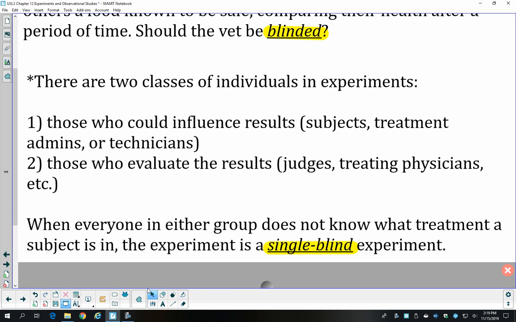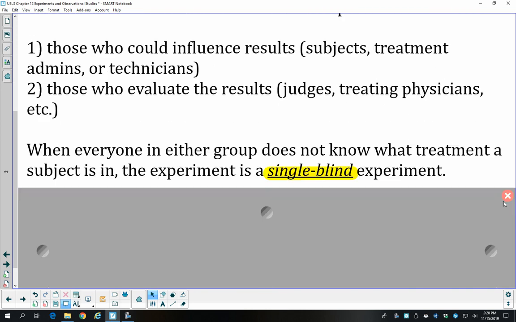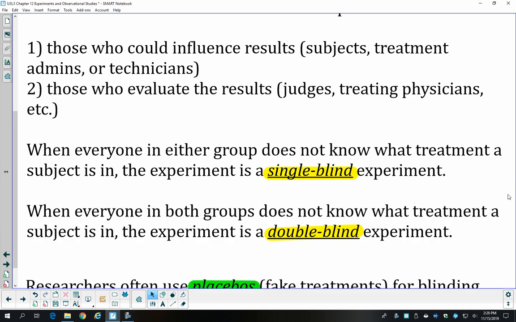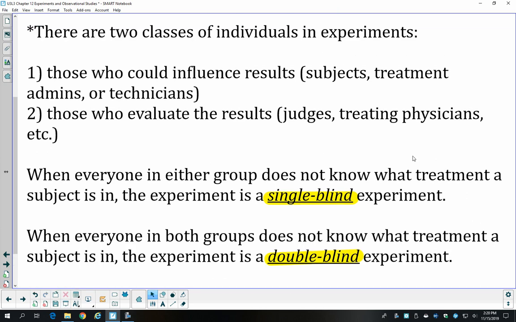We wouldn't want him to know which type of food the dogs were going to get. So when he was looking at the health of the dogs, he wouldn't be swayed to think the dogs with the new food were healthier just because that's what he wanted. If nobody knows who's in what group, that's called a double-blind experiment.